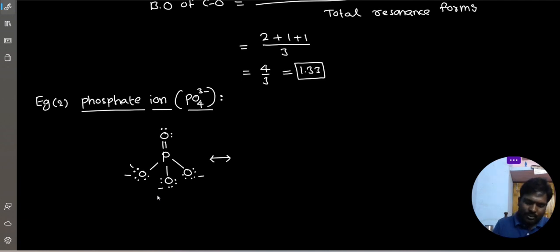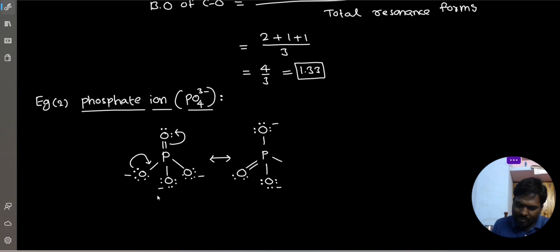Four. Suppose, yes, resonance: P single bond O minus, single bond O minus. This will become double bond O, double bond O, single bond O minus, single bond O minus.